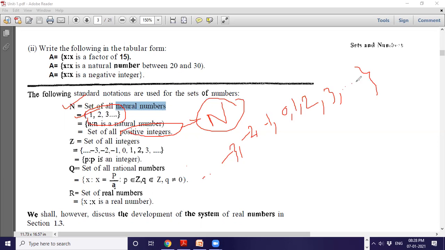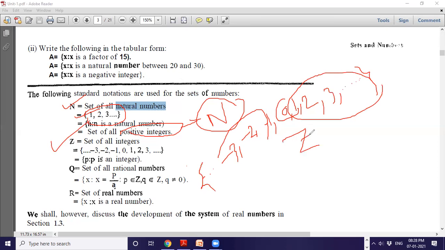That set, which includes all the positive natural numbers and the negative ones along with 0, will become the set of all integers, and we use the capital letter Z to represent the set of all integers. So, the set of all integers p such that p is an integer.